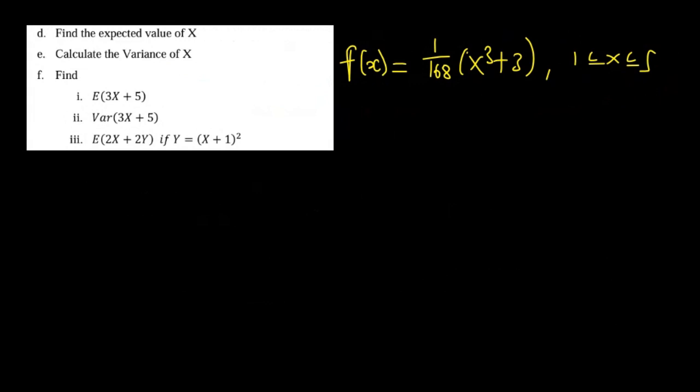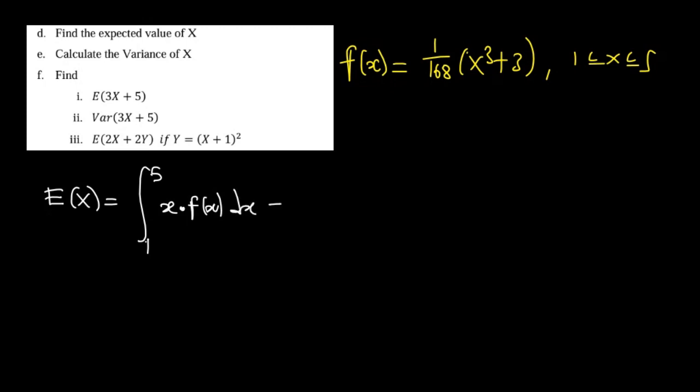So the expected value of x is equal to the integral from the lowest point in the defined interval, that is 1, all the way to the highest point, of x multiplied by f of x, dx.